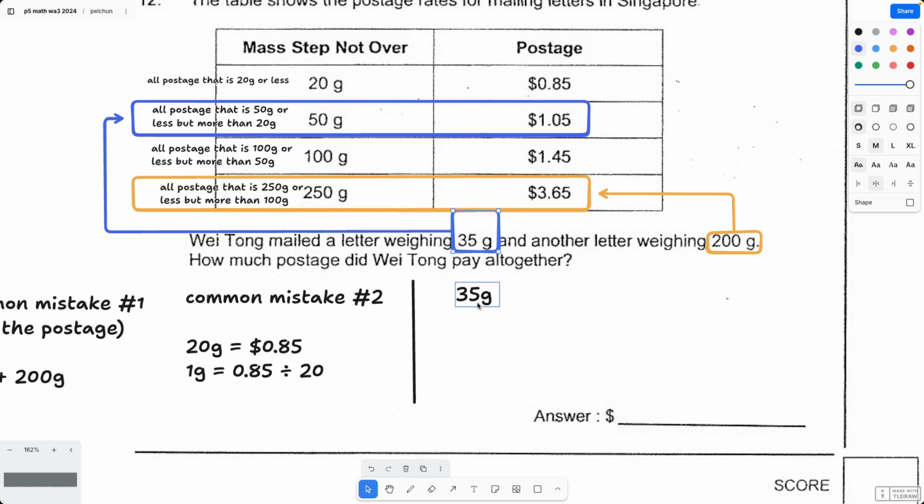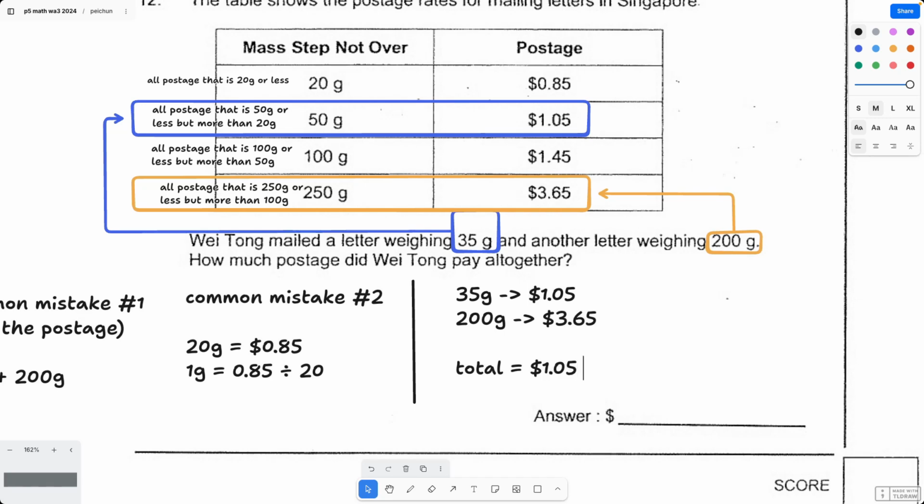All right. So now with this, we can just calculate. So 35 grams, how much does it cost? This will cost us $1.05. And then for 200 grams, this will cost us $3.65. So the total will become $1.05 plus $3.65.